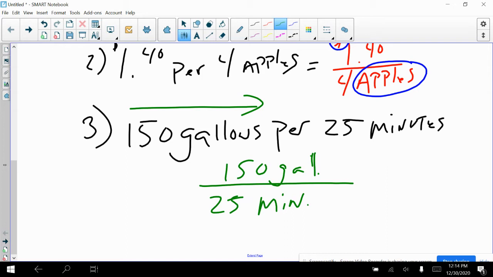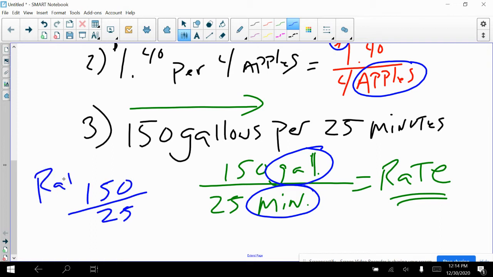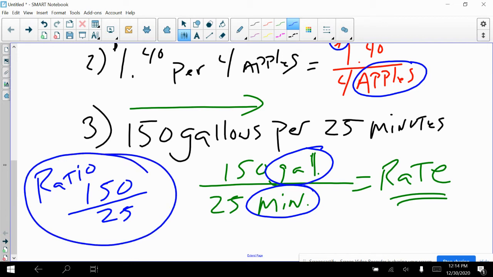And again, I abbreviated minutes, MIN. Again, this is a rate because we have labels expressing what those numbers mean. If we just simply use numbers, now we have a ratio. So that's kind of the nuts and bolts of a rate.